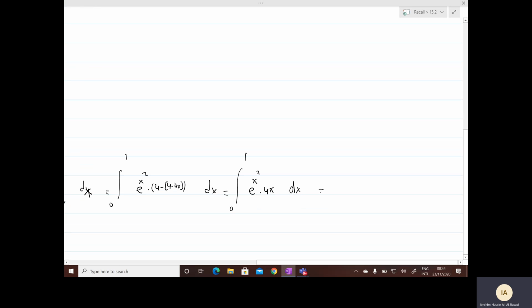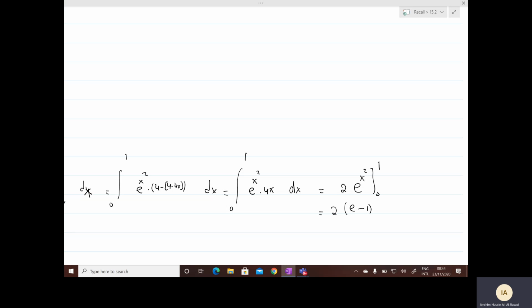This is very simple. So this becomes 2 e power x squared from 0 to 1. When you substitute, what do you get? You get 2(e minus 1). This is the idea of the problem.